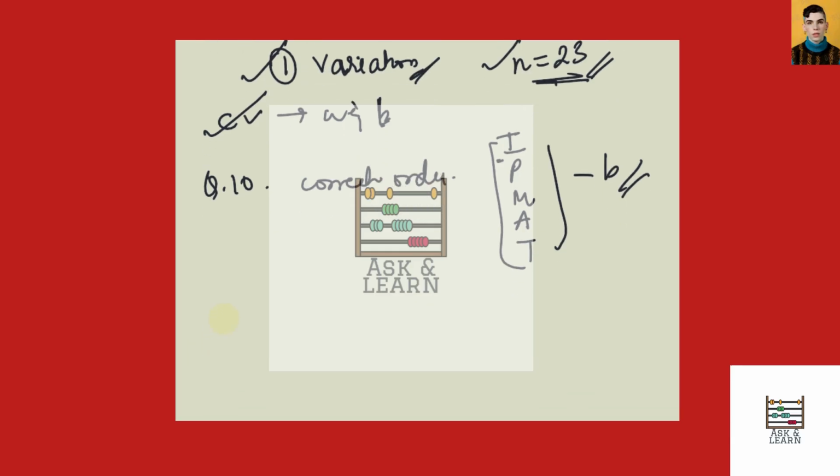Coming to the last question, if a cell is undergoing meiosis and starts with 12 chromosomes, how many chromosomes will each daughter cell end up with?